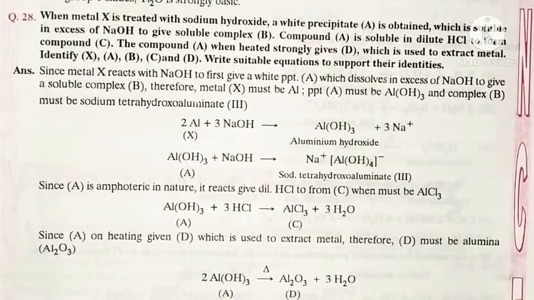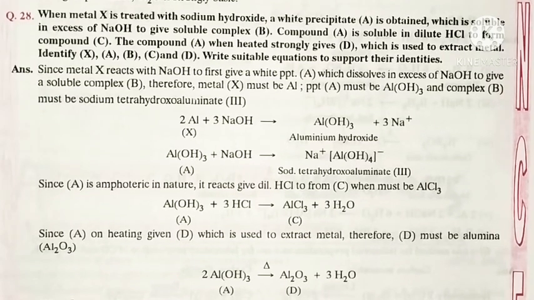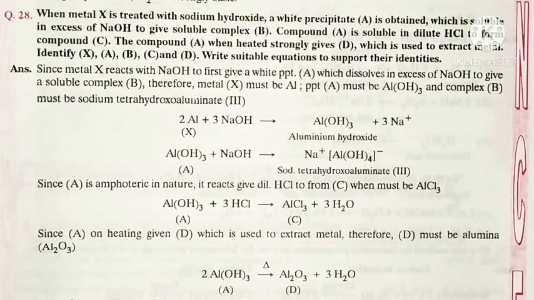Question number 28. When metal X is treated with sodium hydroxide, a white precipitate A is obtained which is soluble in excess of NaOH to give a soluble complex B. Now this compound A is soluble in dilute HCl.